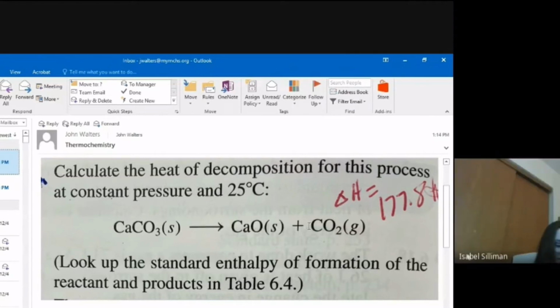CO2 is negative 393.5. Okay, and then we'll add that to calcium oxide. What do we have for calcium oxide, Isabel? It's negative 635.6. Now we're going to add those two, and what do you get?